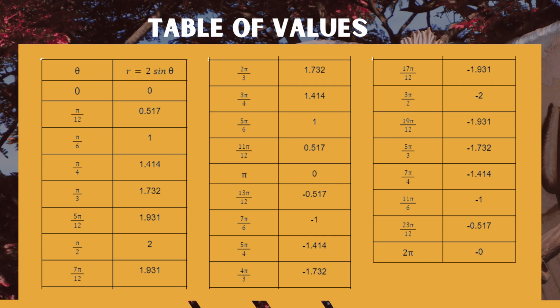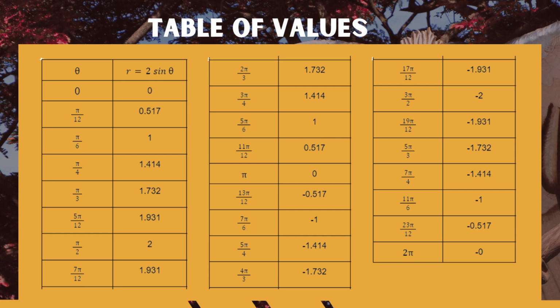If pi over 12, we will get 0.517. If pi over 6, we get 1. Pi over 4, 1.414. Pi over 3, 1.732. 5 pi over 12, 1.931. Pi over 2, we get 2.